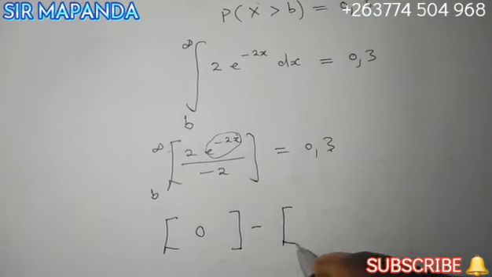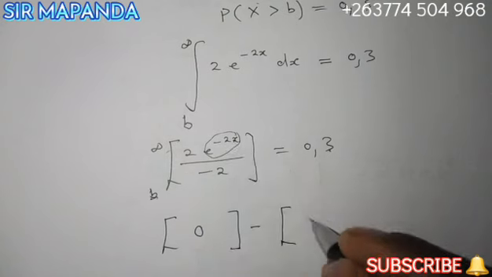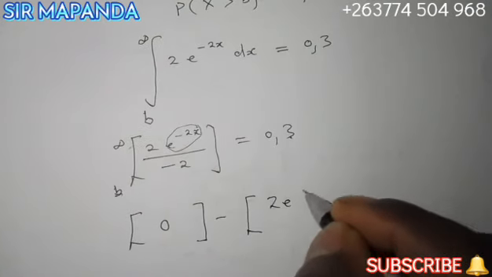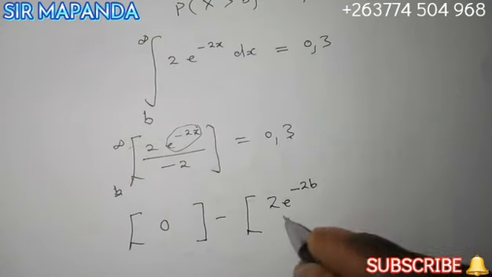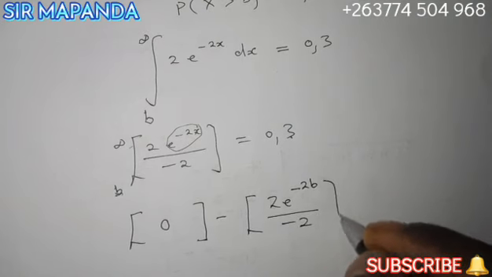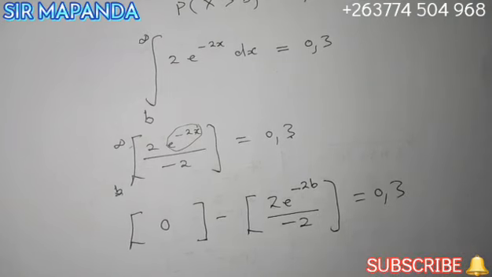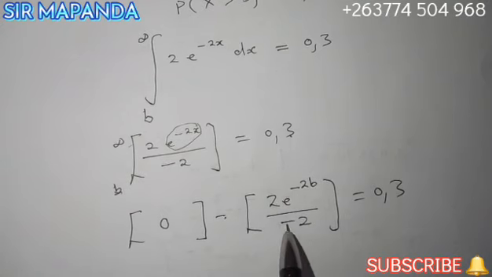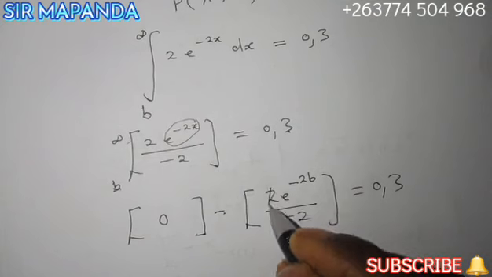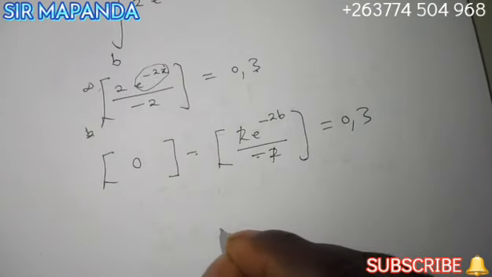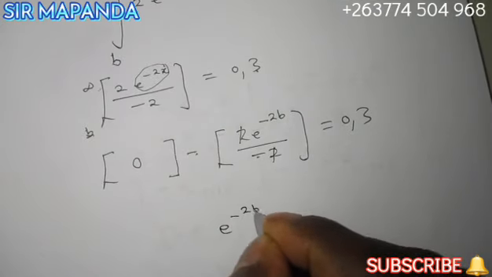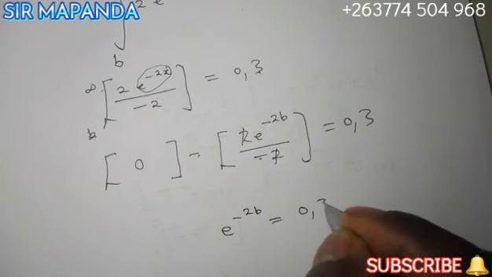Minus, we are now putting b on x, you get 2 e to the power of minus 2b divided by minus 2 equals 0.3, something like this. So negative and negative produce plus, then 2 and 2 cancel out each other, giving you e to the power of minus 2b equals 0.3.